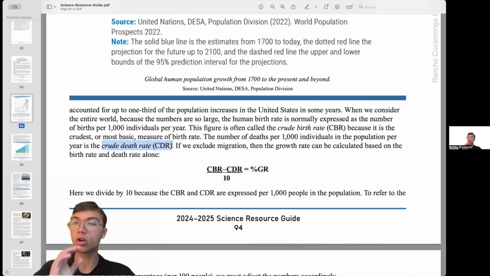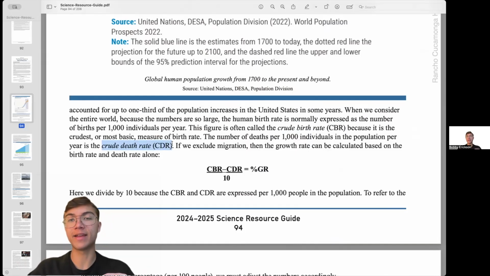A crude birth rate is the number of births per 1,000 individuals on the Earth per year. So we could say we have 2 births for every 100,000 individuals. So we would then be having that amount as our crude birth rate.